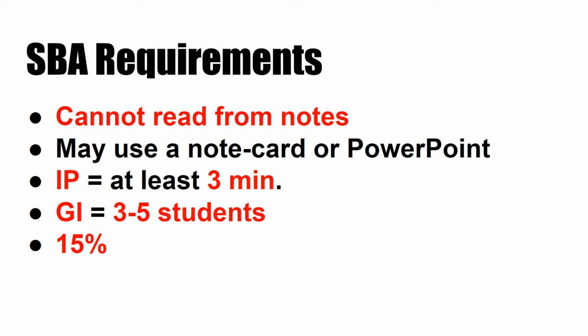The SBA will count as 15% of the DSE English mark. So it is pretty important, and so you have to learn how to do it well, and you have to be prepared for it. All right, so that's so much about the speaking paper, Paper 4, and the SBA.